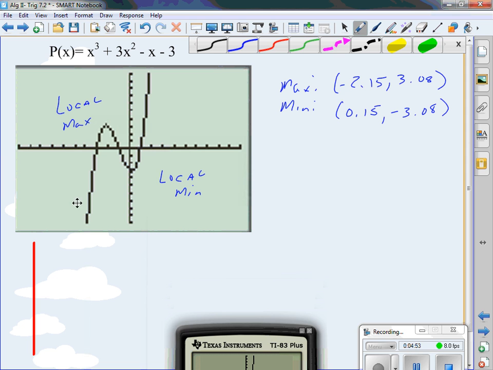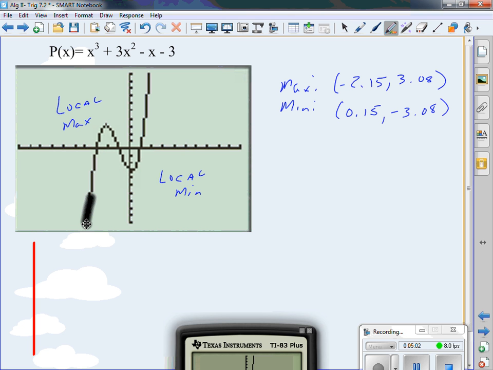So you already told me the graph goes up, goes down, then goes up, right? If it goes up, would we call it increasing or decreasing? So it's increasing from here to here, right? So it's increasing. When does it start to increase?